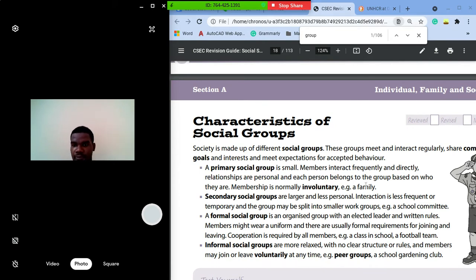Family, for example, and your membership is typically involuntary. Secondary is much larger and less personal, such as a school committee. A formal social group is an organized group with a leader and written rules, such as a class in school or a football team. And an informal group is one with no clear structure, and members may join or leave at any time, such as a club that you are in.